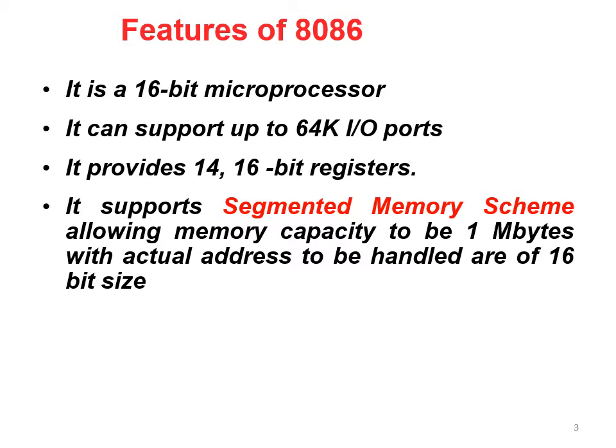But you know that the computation capability of 8086 was only 16 bits. So with only 16 bits, you can have 2 raised to 16, that is 64K. But overcoming that limitation, 8086 can address up to 1 megabyte of memory. How 8086 does this, we'll see in the later slides.